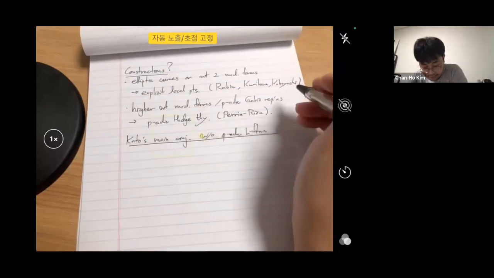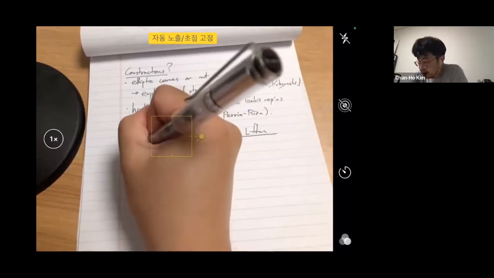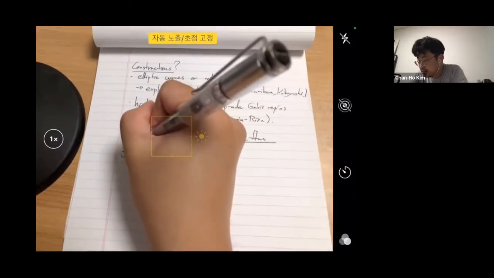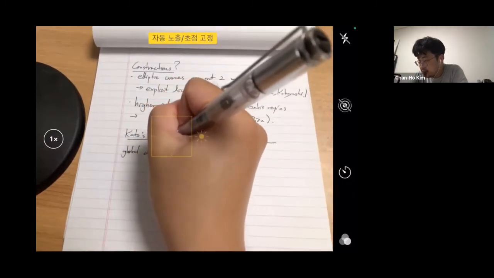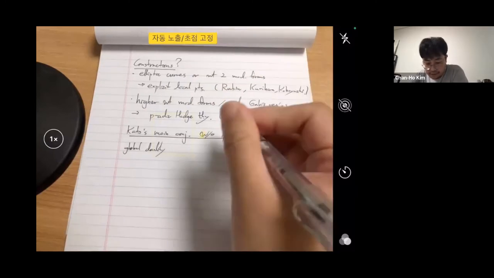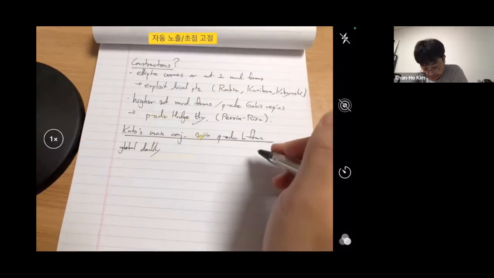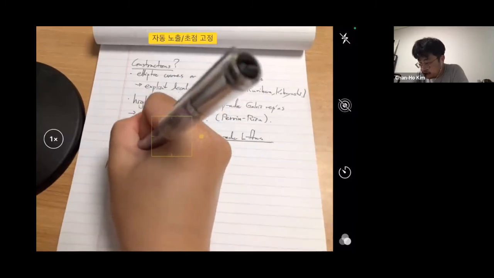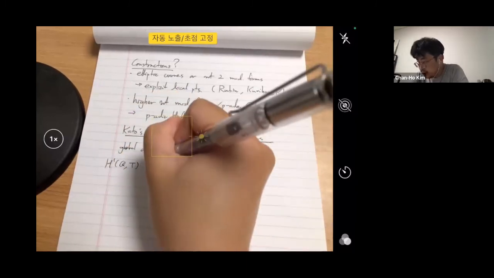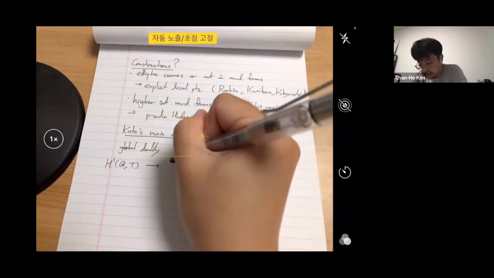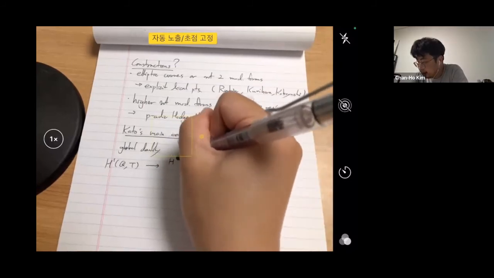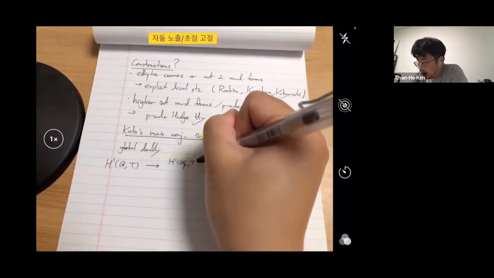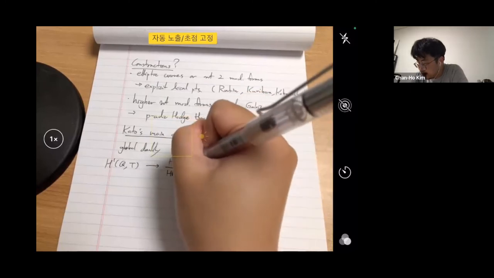And okay, from the global duality, we have the following exact sequence from the global Galois cohomology, taking the natural restriction map at P and quotient by its finite part.